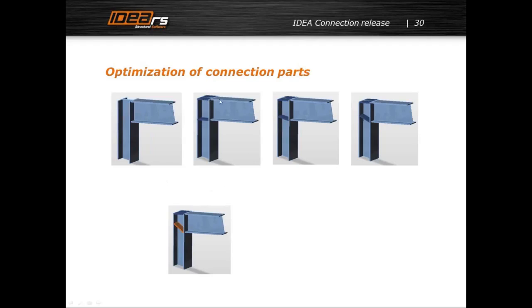Here we have stiffeners in the direction of the flanges. Here is a perpendicular stiffener. This one is completely the same as this one, but in the opposite direction. And here we have a more inclined stiffener. When we calculate the limit capacity of these connections, you really see how big the influence of the position of the stiffener is.